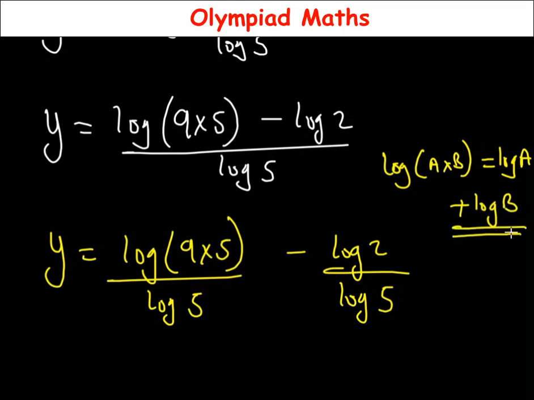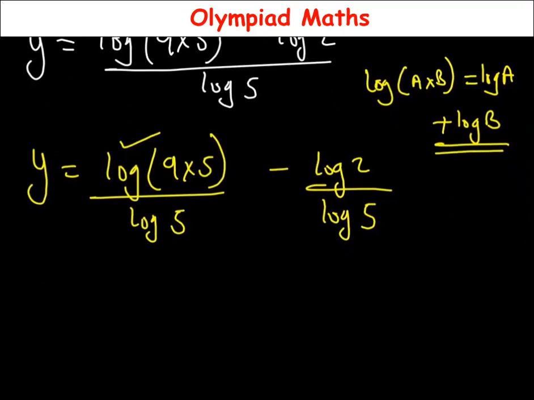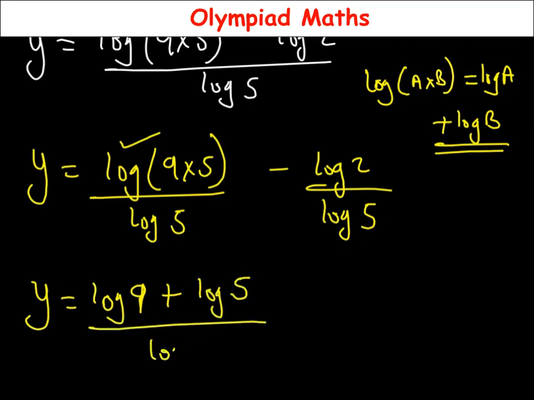So applying this rule right to this, the value of y is then equal to, this then becomes log 9 then plus log 5 then all over log 5 minus log 2 all over log 5.